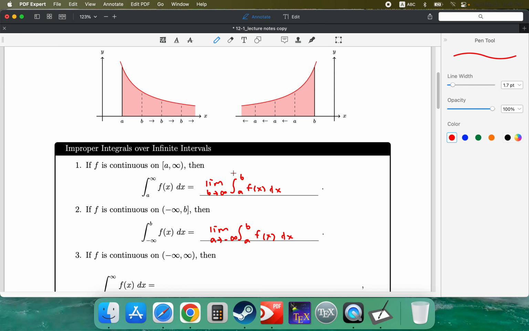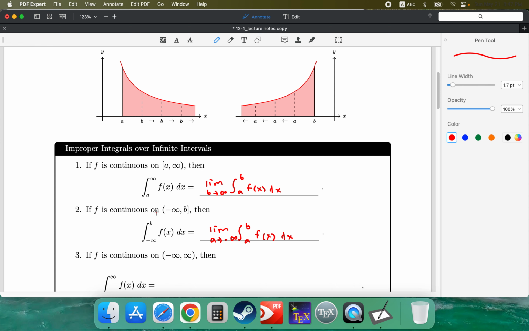Again, the reason we use the integral of f from a to b is that if a and b are both numbers, we can plug in the upper bound and lower bound by using the fundamental theorem of calculus. But infinity and negative infinity are not numbers. You cannot just plug in infinity.